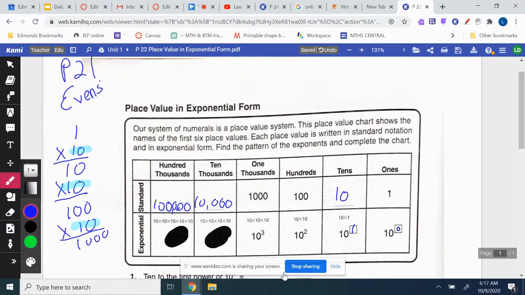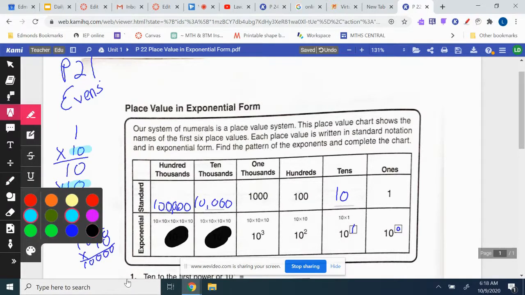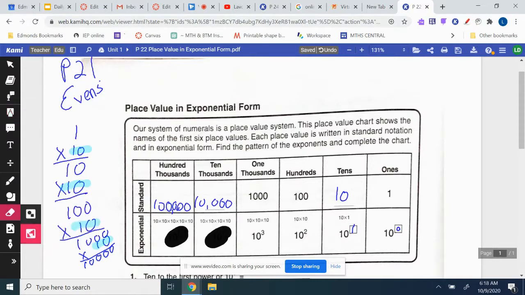Let's multiply this by 10 again. And I get 10,000. Again, same base, and I'm going to have 10, and let's count it. 1, 2, 3, 4. 10 to the fourth power. Let's do this one more time.